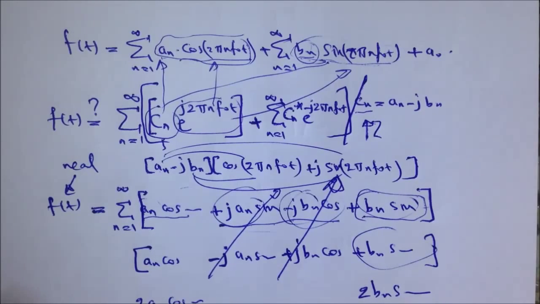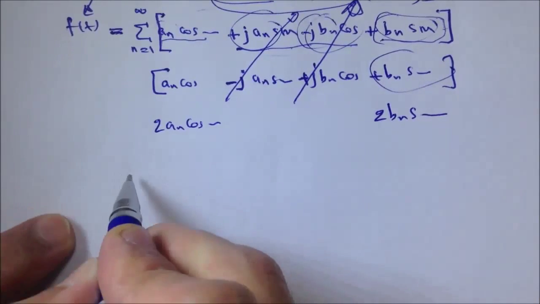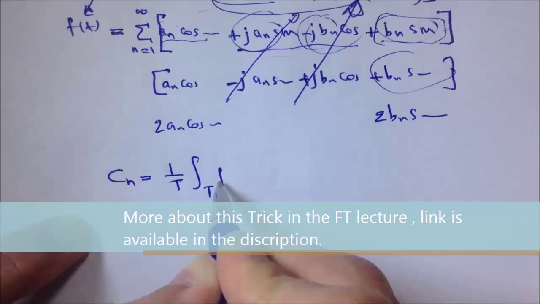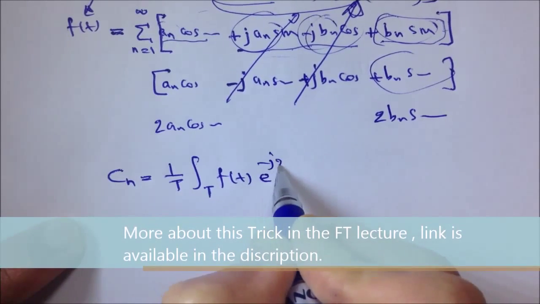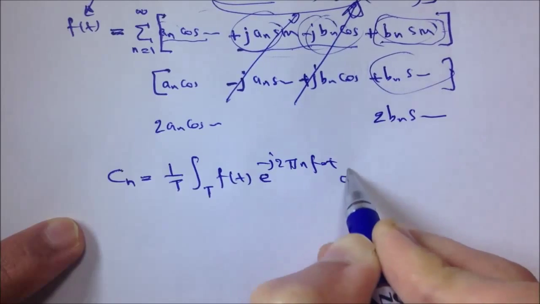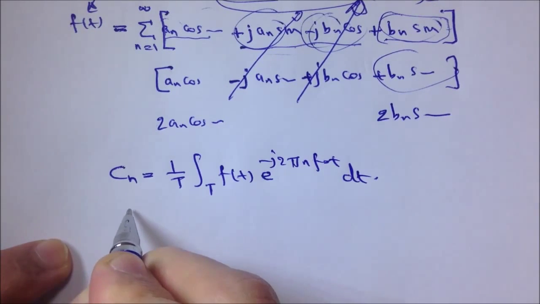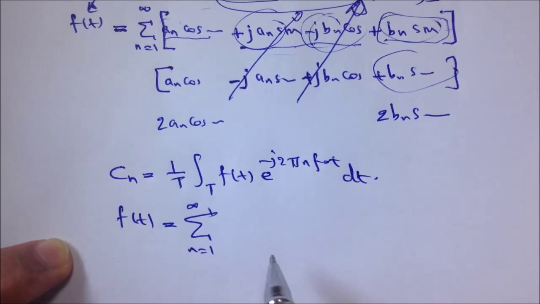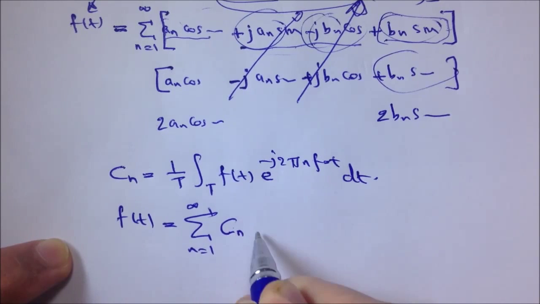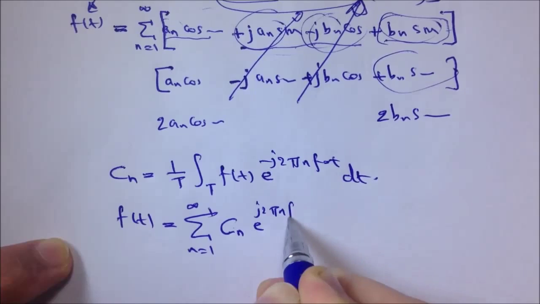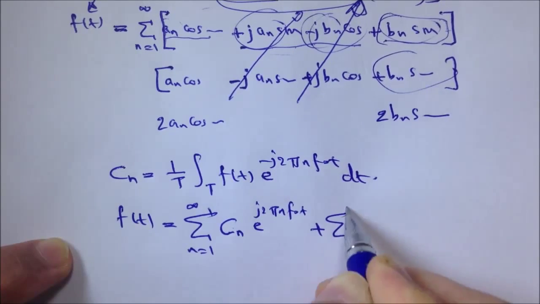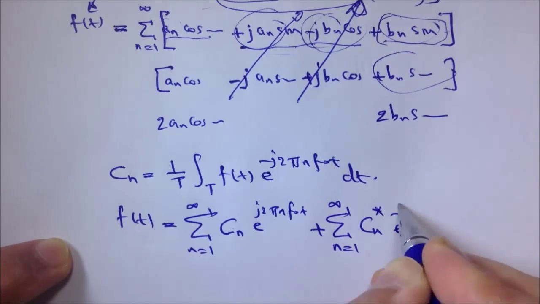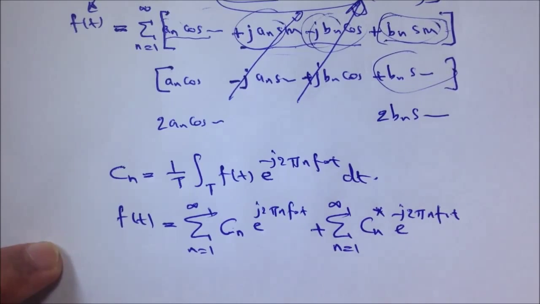So in order to summarize that, we say that the new definition of c sub n is 1 over T, not 2 over T, integration over time, f of t e to the minus j 2 pi n f naught t dt, and the synthesizing formula is f of t equals summation from n equals 1 to infinity for c sub n e to the j 2 pi n f naught t, and the other complex conjugate term is summation from n equals 1 to infinity for c sub n conjugate e to the minus j 2 pi n f naught t.